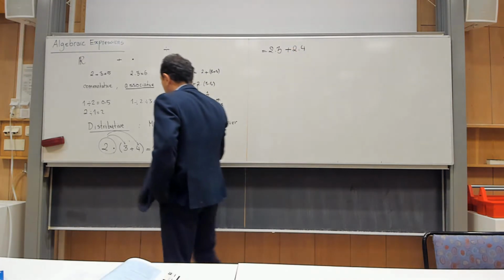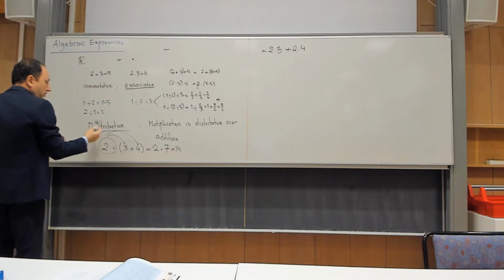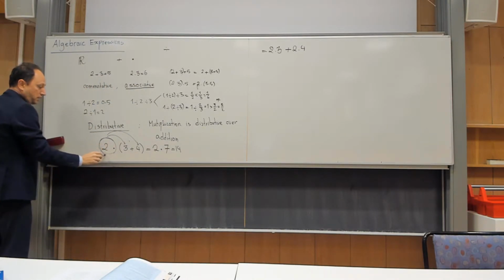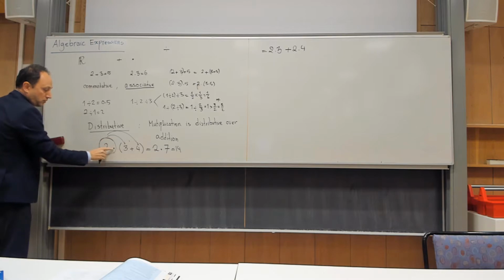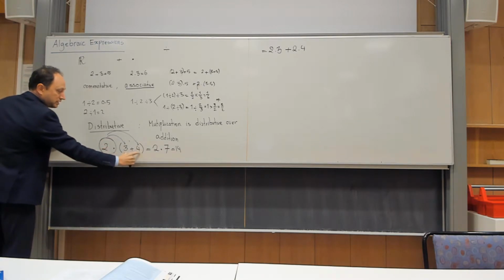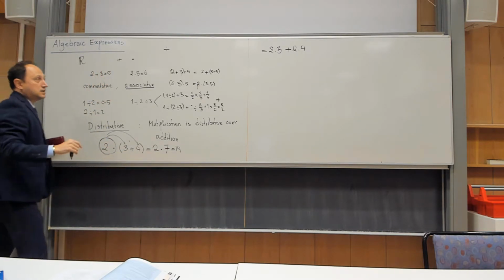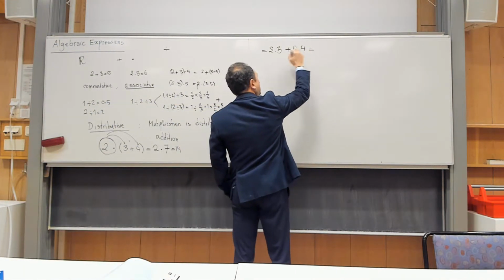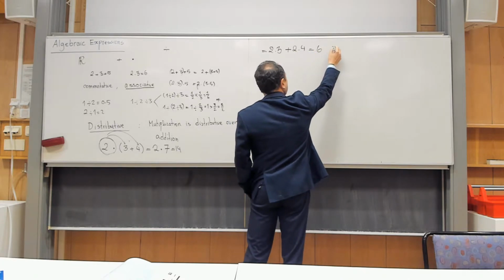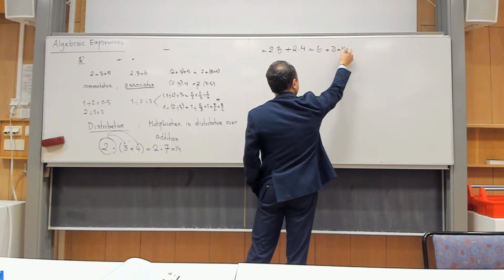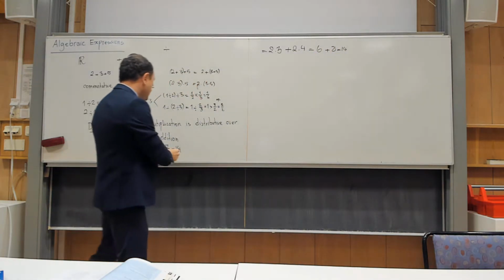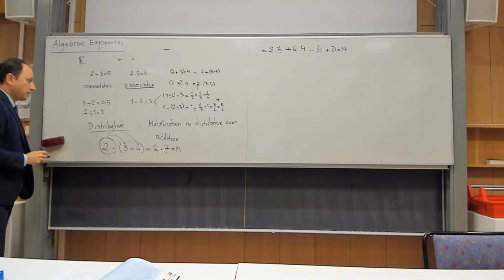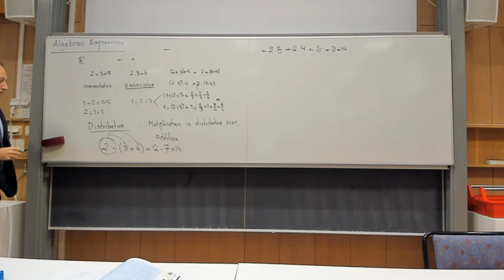So what I am doing, I am using another alternative by distributing multiplication over this addition. And I got that. So when I ask you what the answer would be, this one is 6, this one is 8, and when I add them, the answer becomes 14. And that's exactly the same answer as before.